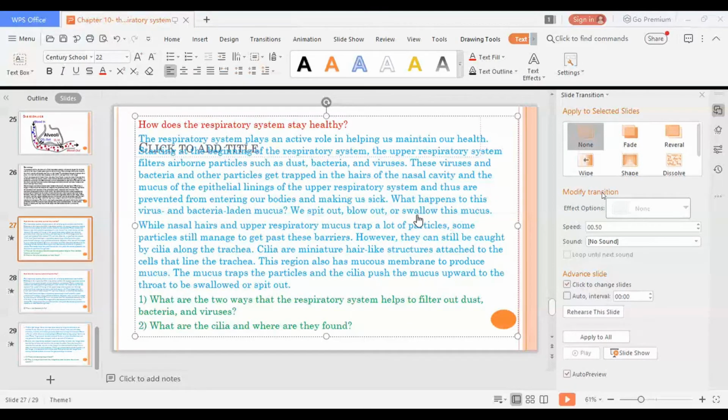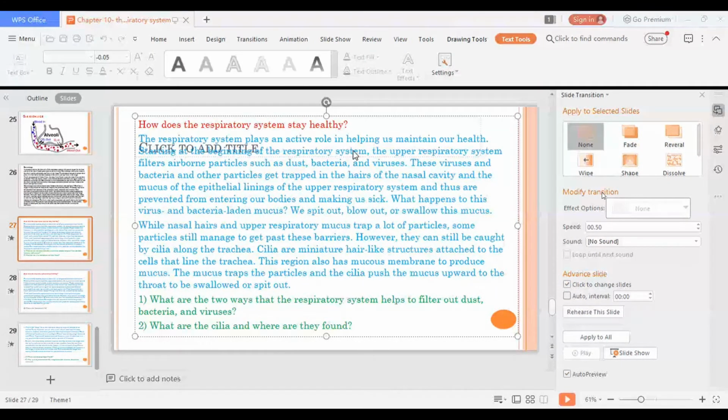Trần Đình Huy, are you there? Hello, teacher. Okay, so can you see the first paragraph? I see. Okay, so can you help me read the first paragraph, please?